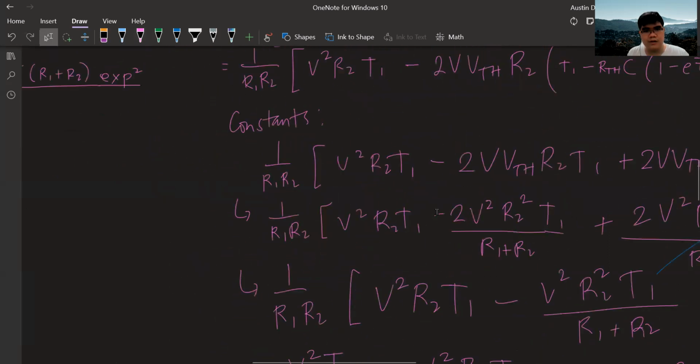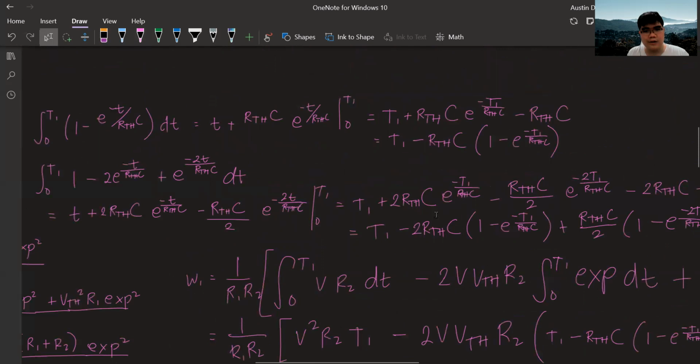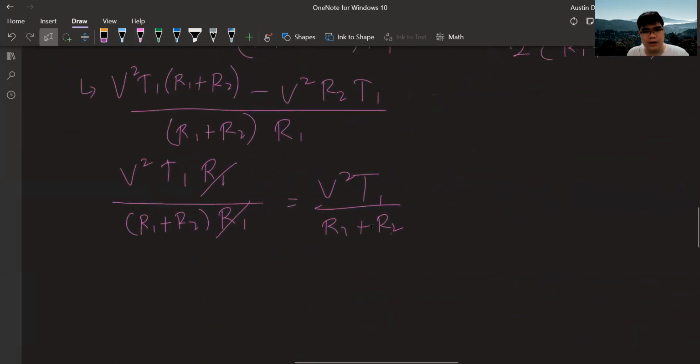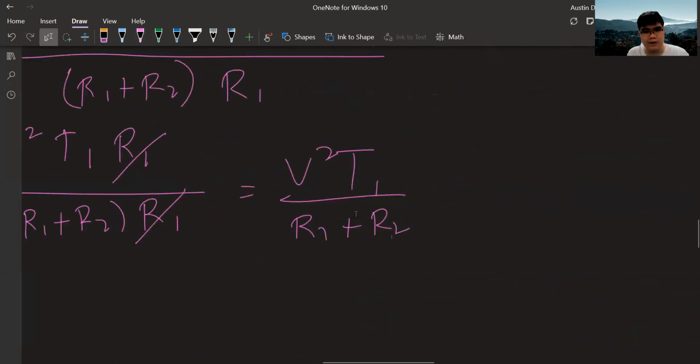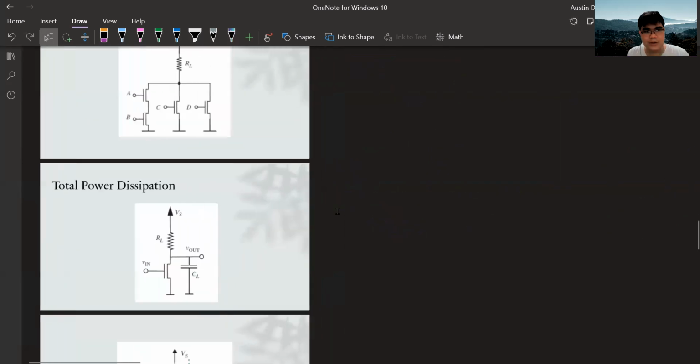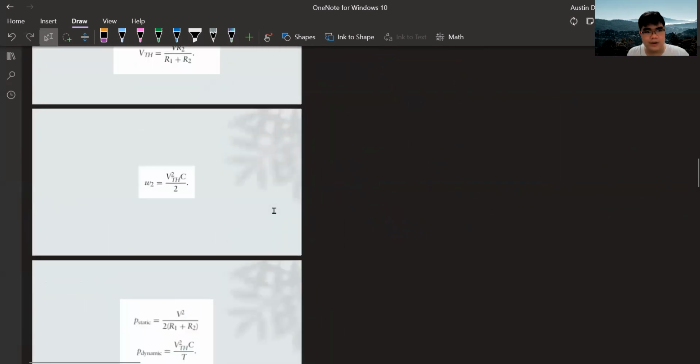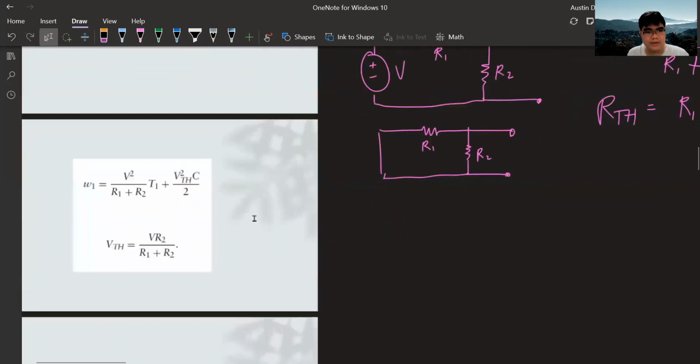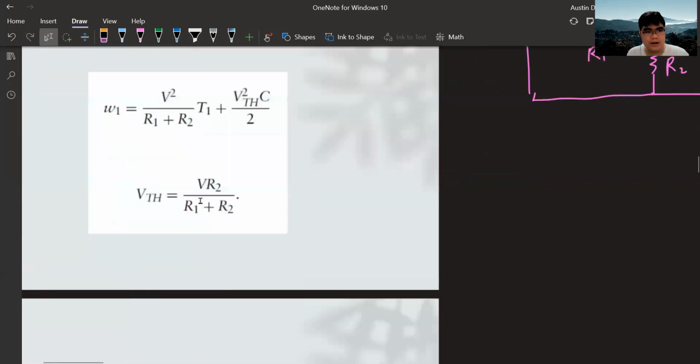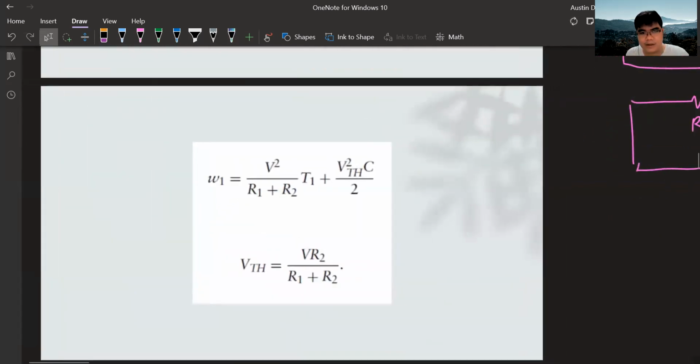Oops. I think napalaki yung sulat ko. Okay, so this is V squared T1 over R1 plus R2. Then if you would proceed in doing the other terms, masyadong maubos oras natin.